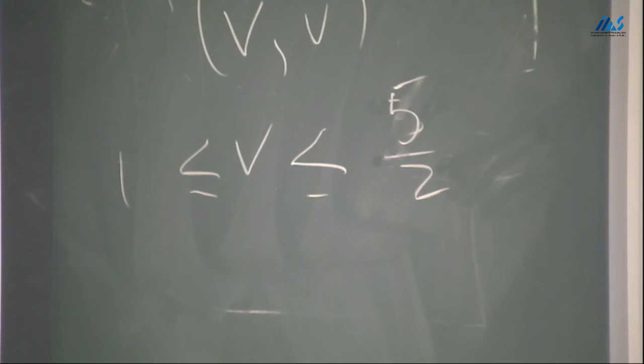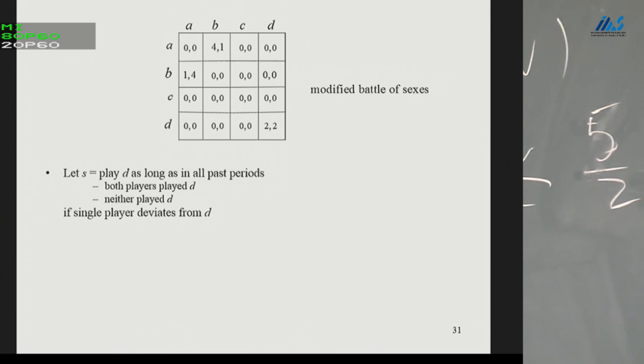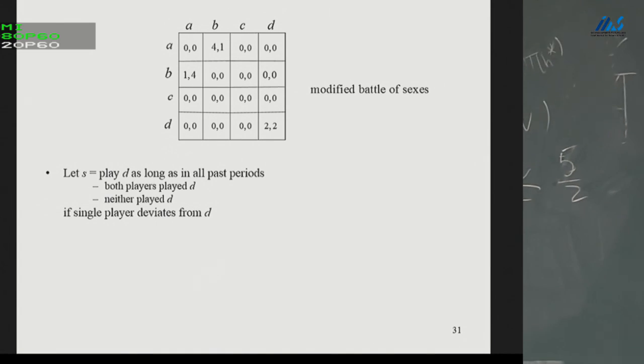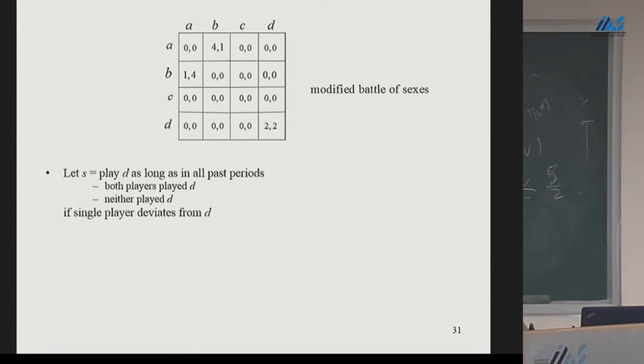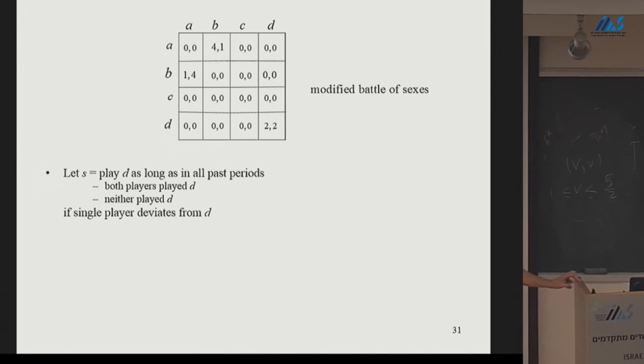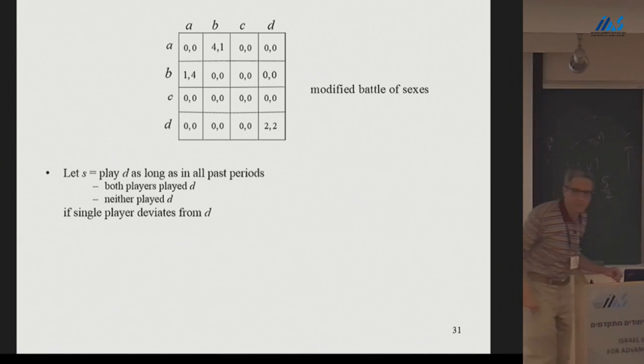Okay. So I hope this makes clear the distinction between the battle of the sexes and the prisoner's dilemma. The crux of the matter is that in the battle of the sexes, you can punish any player while still maintaining strong efficiency. You cannot do that in the prisoner's dilemma.